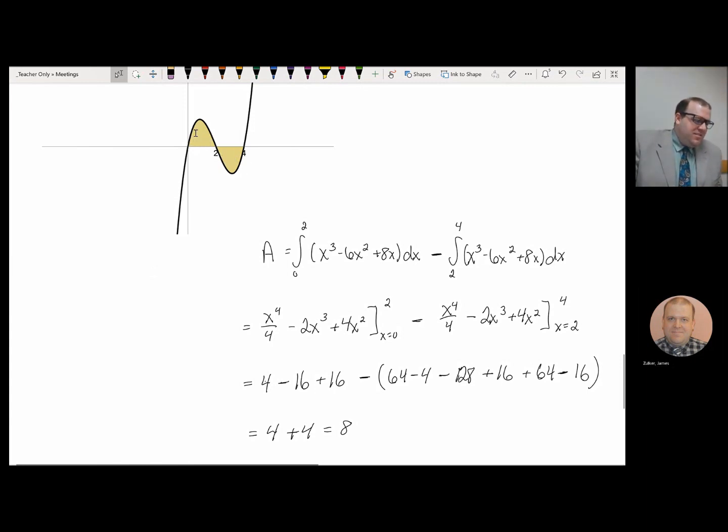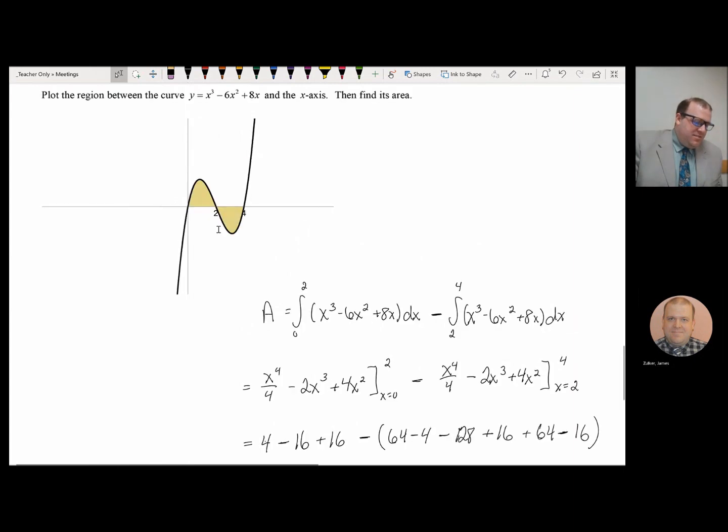But it is symmetric around 2, 0. It's symmetric around 2, 0 though, right? The entire function, no. If it was, this hump would be up here, wouldn't it?